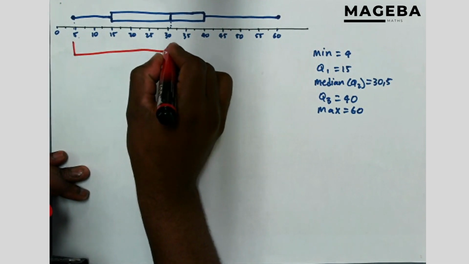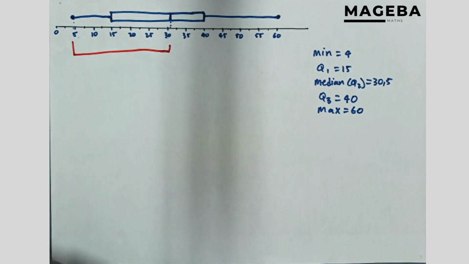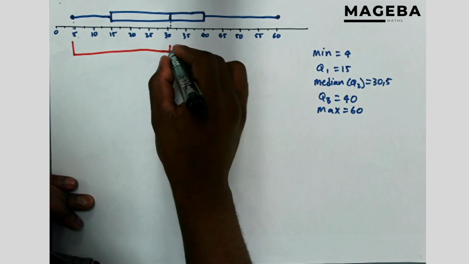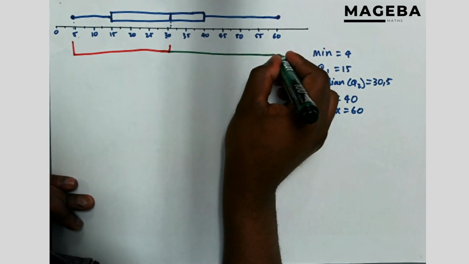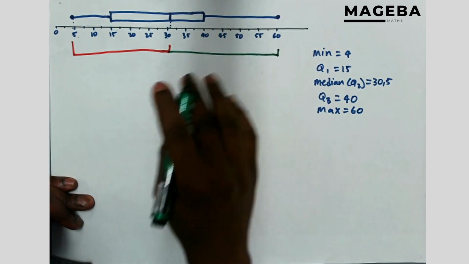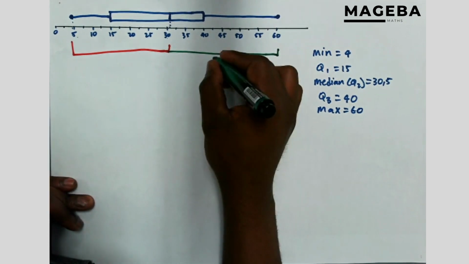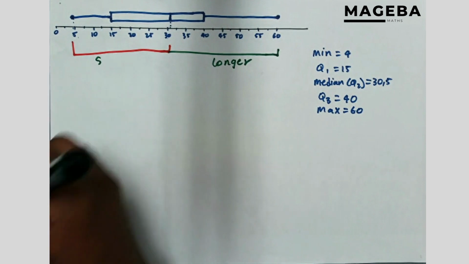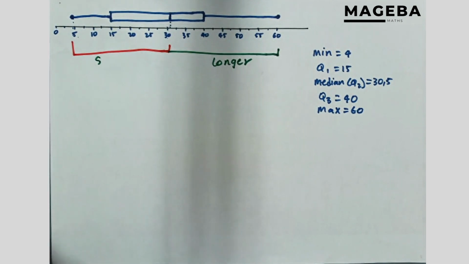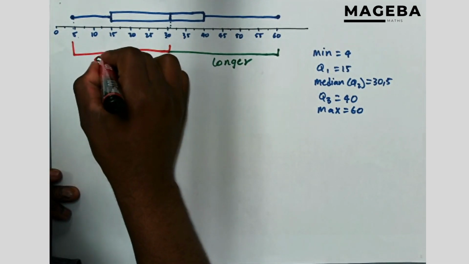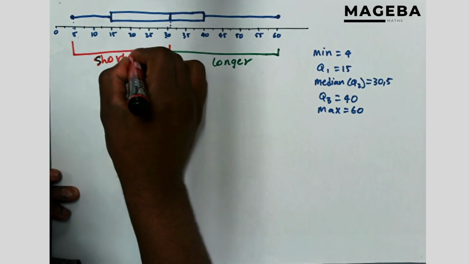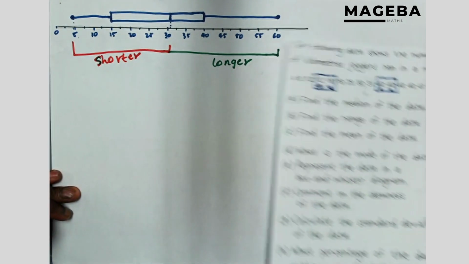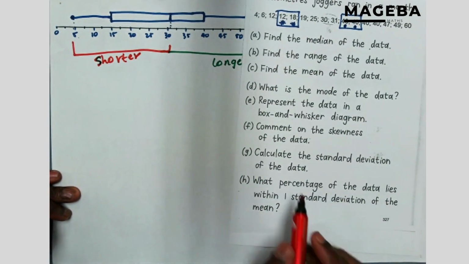From here coming here, and from here going here, which one is longer? I think this is the longer one, and this is shorter.